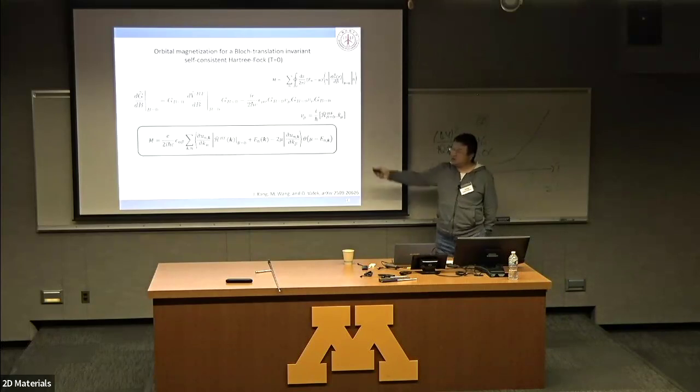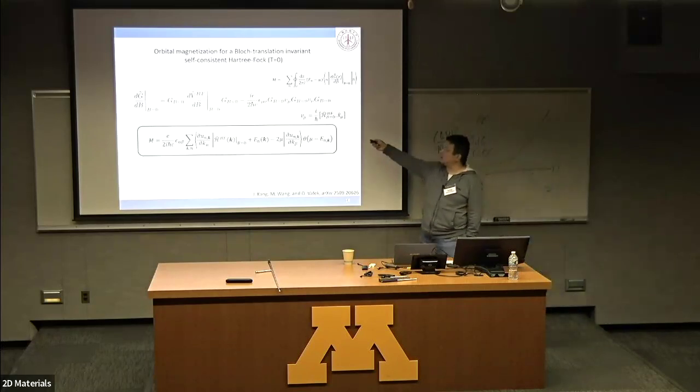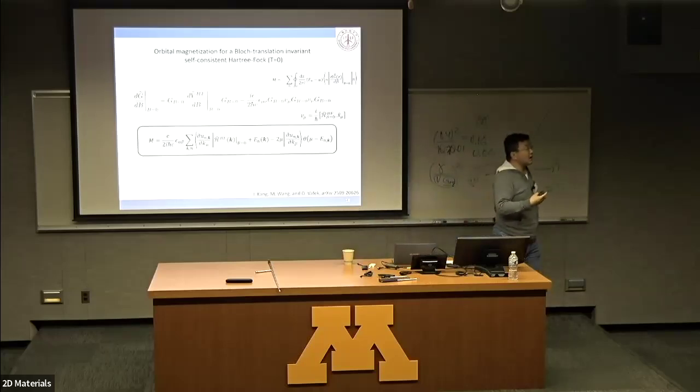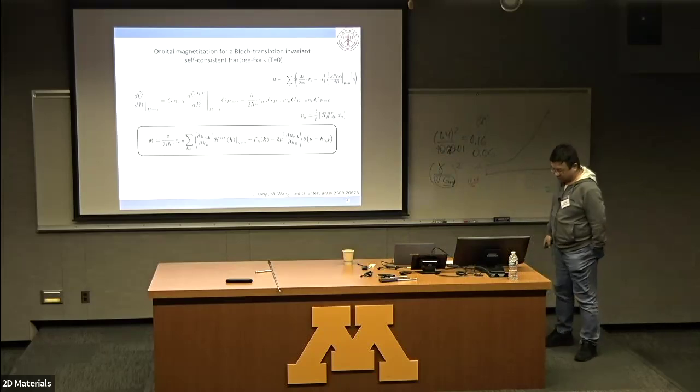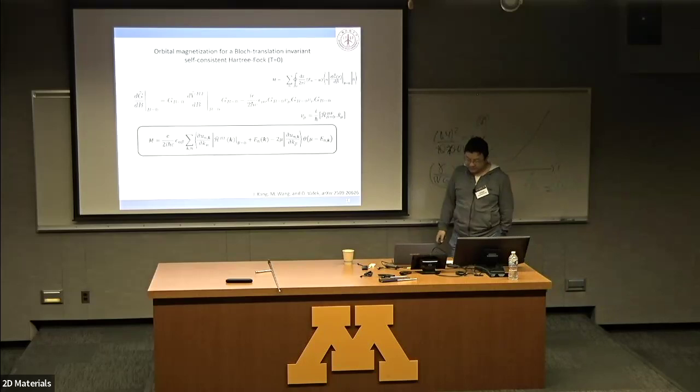This v is the velocity operator, defined as the commutator between the Hartree-Fock Hamiltonian at zero field and the position operator. So this is just the Hartree-Fock velocity operator.